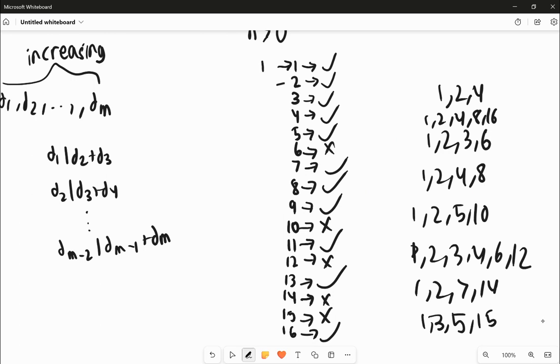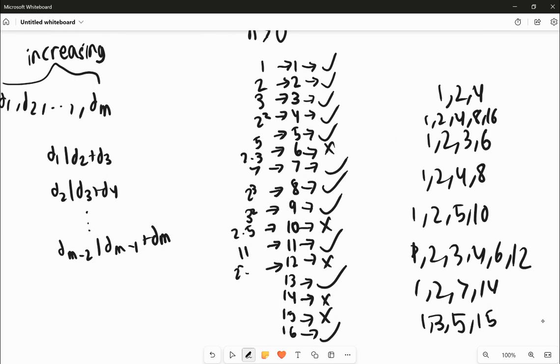So we have 1, 2, 3, 2 squared, 5, 2 times 3, 7, 2 cubed, 3 squared, 2 times 5, 11, 2 squared times 3, 13, 2 times 7, 3 times 5, and then 2 to the 4.